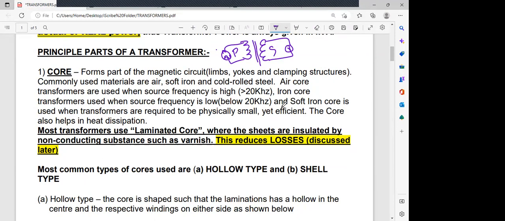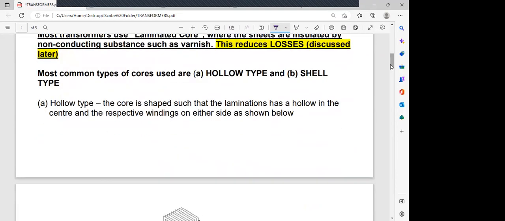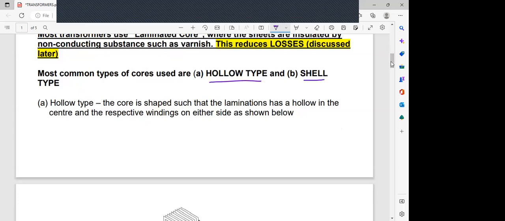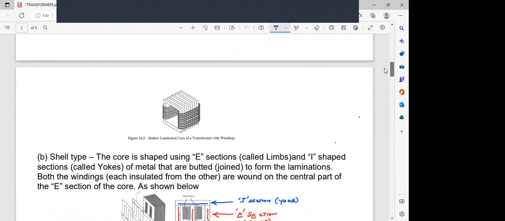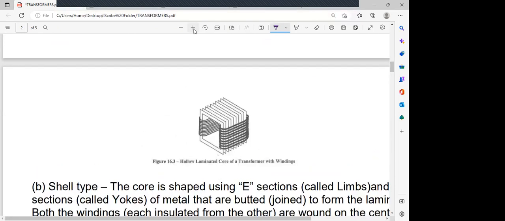The core, as we said, is made of ferromagnetic material and are of two types: the hollow type and the shell type. Okay, what is the hollow type? Let's magnify this a little bit more.